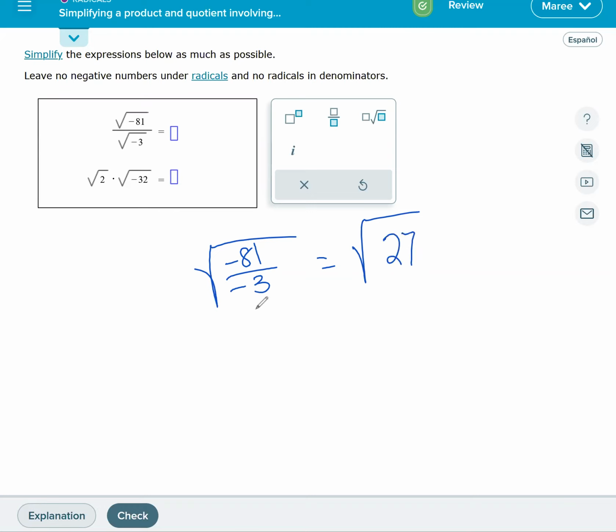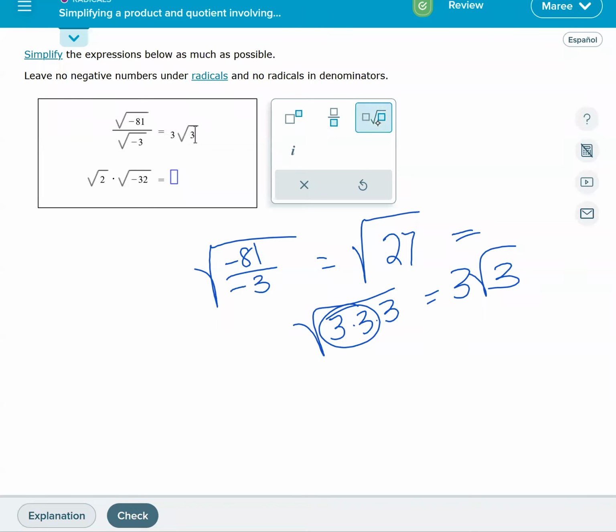And I believe the negatives will cancel because that would be i divided by i. So that would just cancel out. So this is going to be square root of 3 times 3 times 3. So that's 3 square roots of 3. So let's type that in, see what we end up with. 3 square roots of 3.